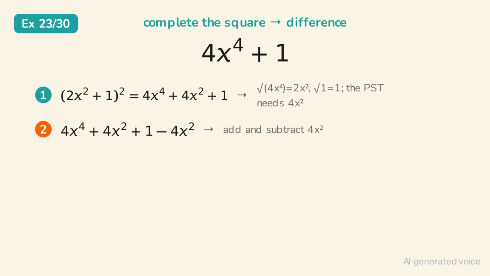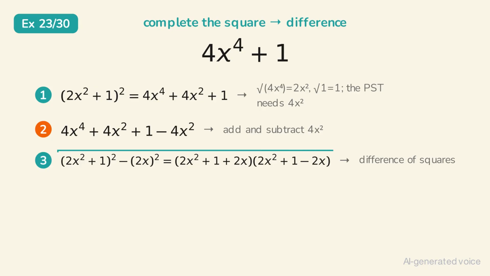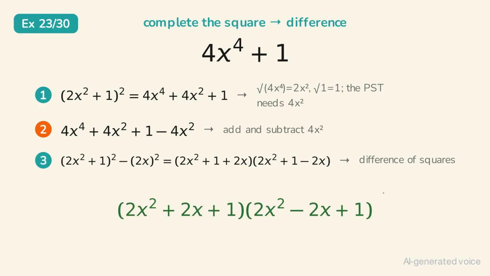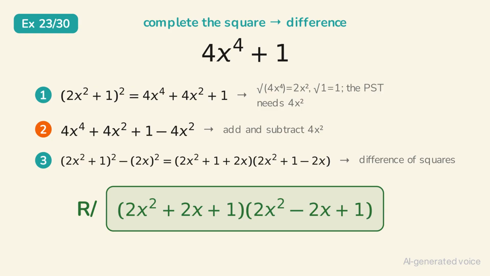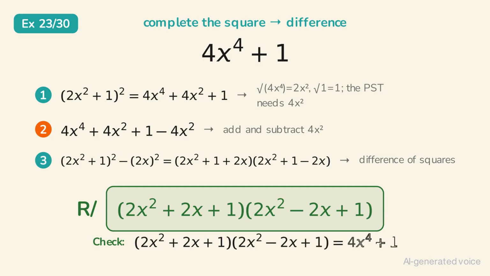The first 3 form the square, (2x² + 1)², and what we subtracted, 4x², is (2x)². Difference of squares. Reordering, we get (2x² + 2x + 1)(2x² - 2x + 1). Check. Since the parentheses only change the sign of 2x, everything in the middle cancels when multiplying, leaving 4x⁴ + 1.